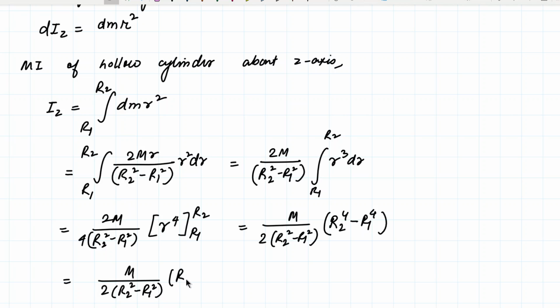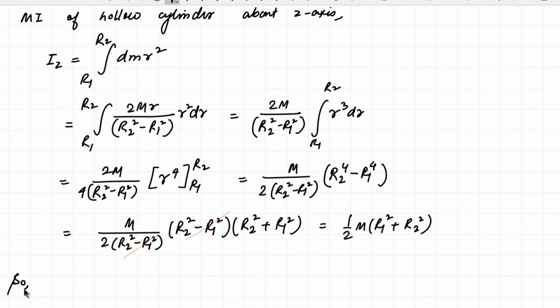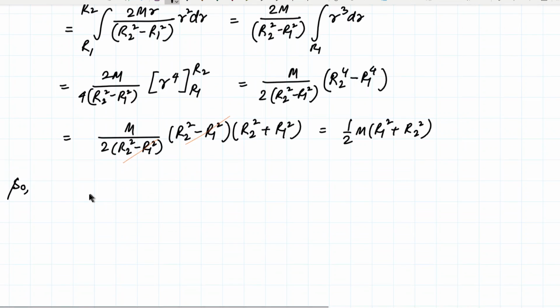So this becomes r2 square minus r1 square into r2 square plus r1 square. So okay, these two terms get cancelled, and finally you have half M r1 square plus r2 square. So finally Iz is equal to half M, r1 square plus r2 square.